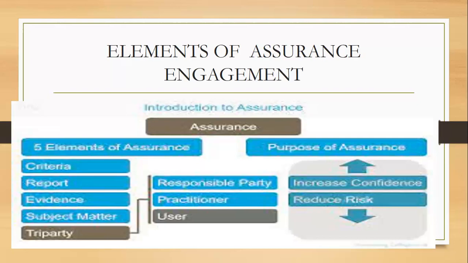Then at the other hand, you have maybe the principal that is going to make use of the report being prepared by the agent. Of course, they cannot believe what the agents have supplied until an auditor, right, or the assurance practitioner, checks.